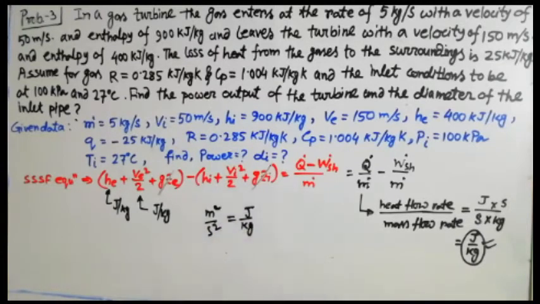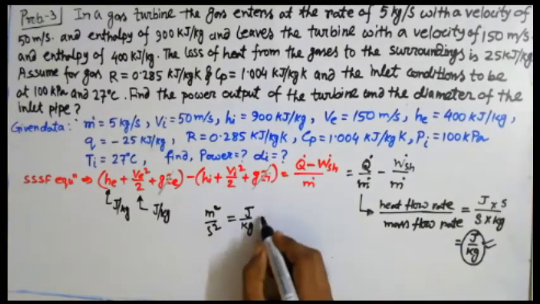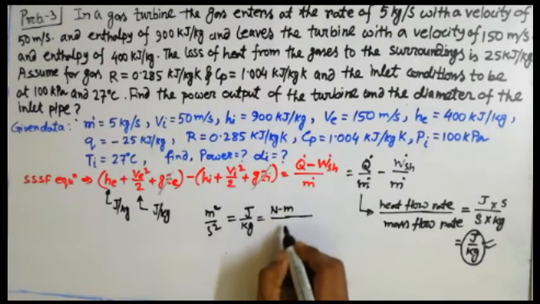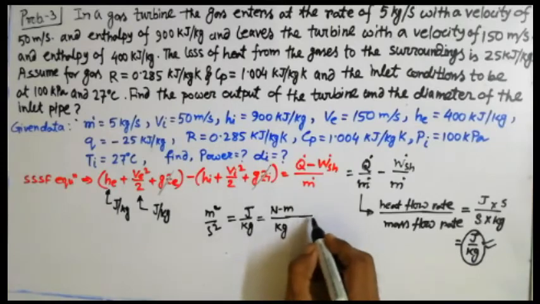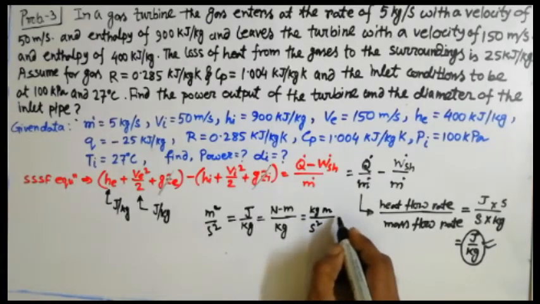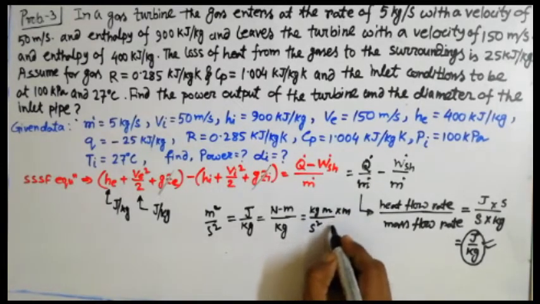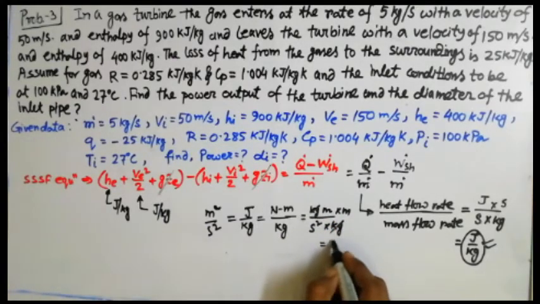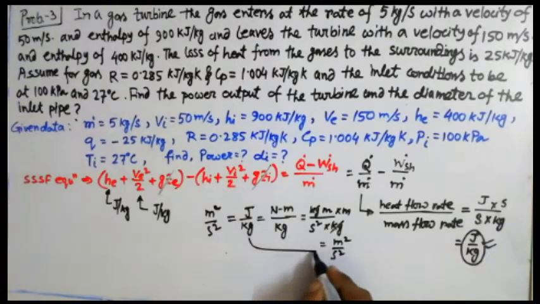I can clear it again here. Joule is Newton meter per kg, and Newton is kg meter per second square. Kg cancels, and it gives you meter square per second square. So joule per kg is meter square per second square.